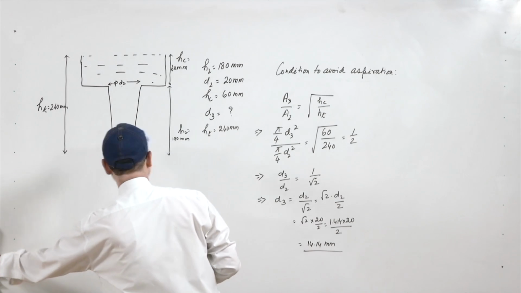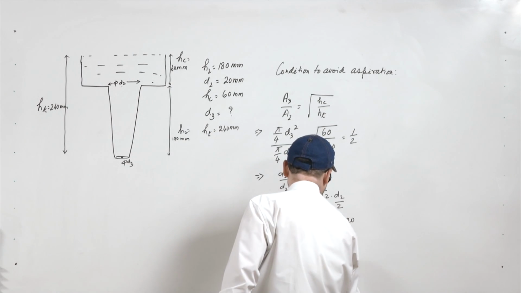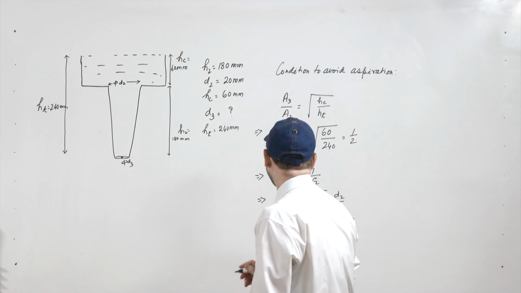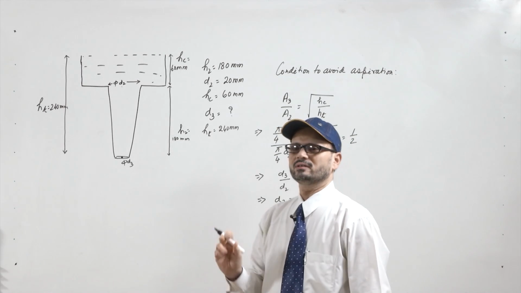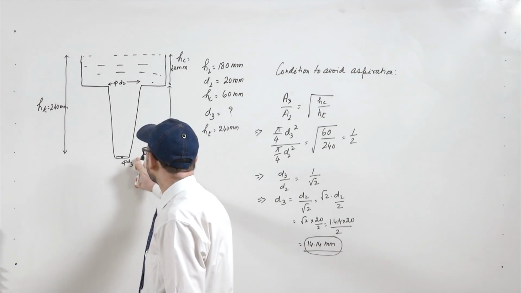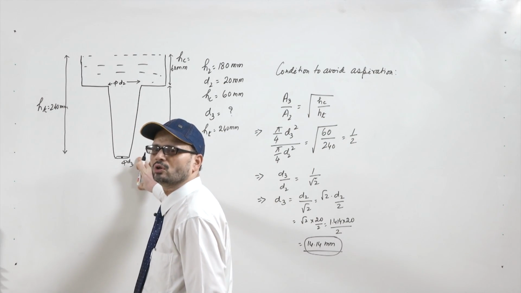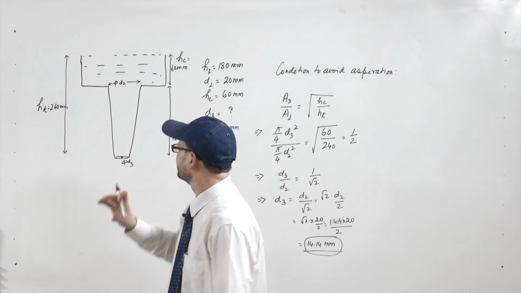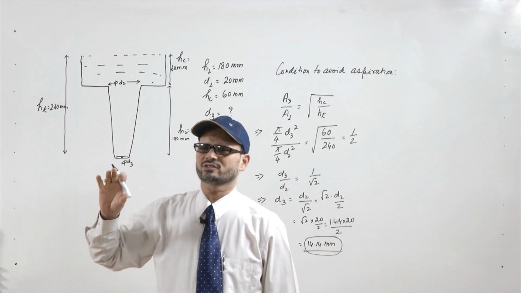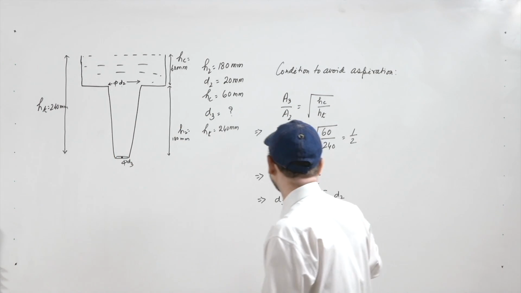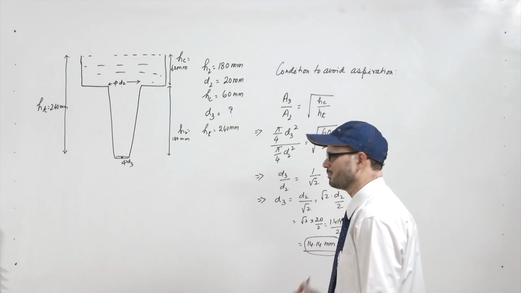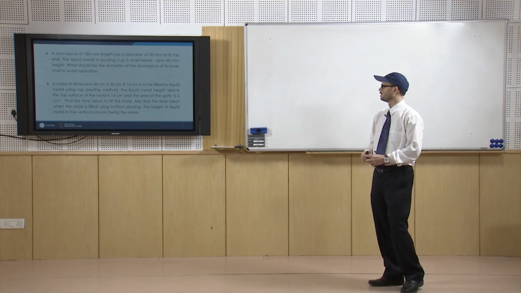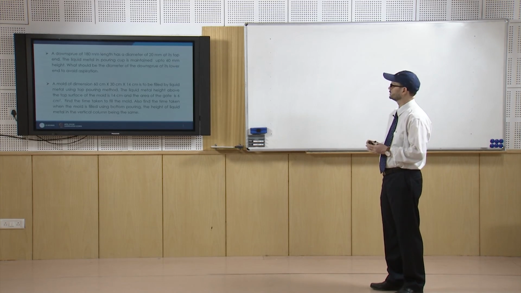So, this is the diameter at the bottom end of the sprue which will avoid the aspiration in this problem, and that is why 14.14 mm is the answer. Now, we will deal with the next question.